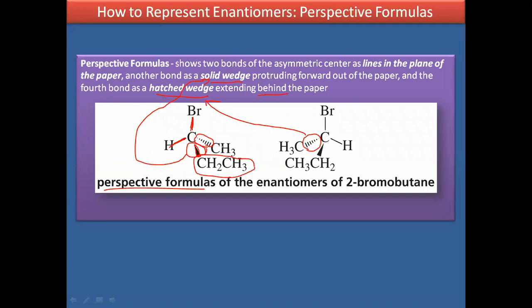In this way, you have to draw various structures with the perspective formula, by indicating solid wedge lines, dotted wedge lines, and plain lines only. With the help of this, you represent 3D structures in 2D.